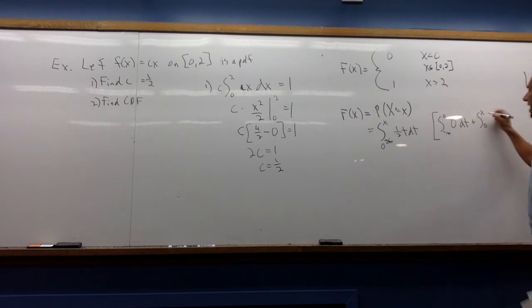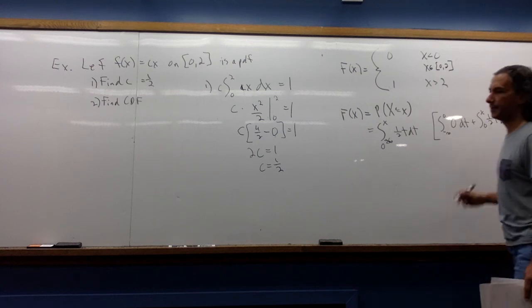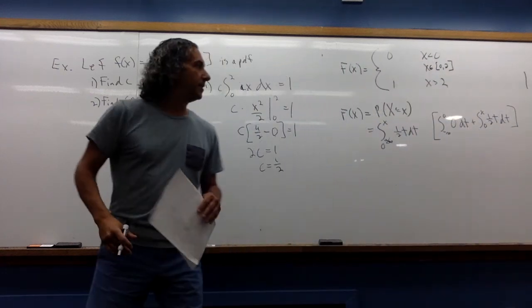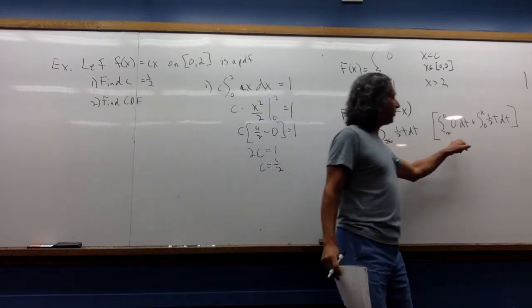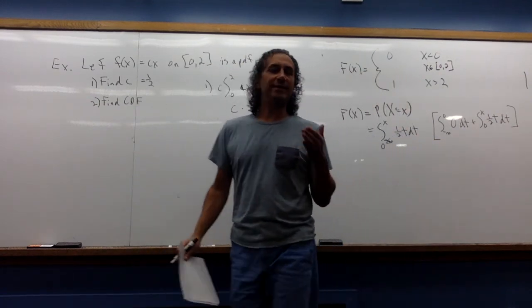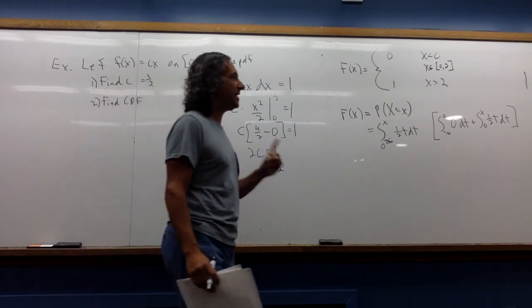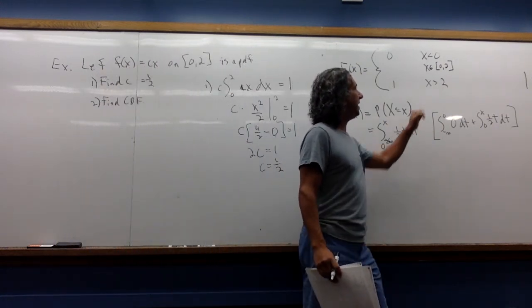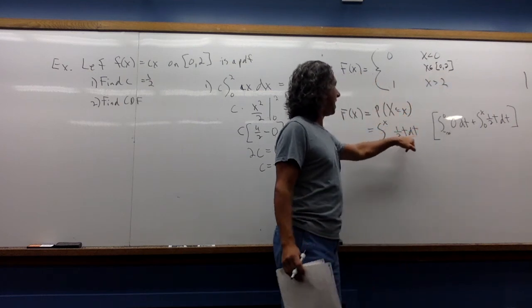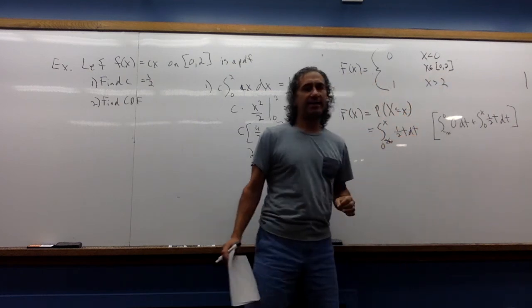Then from 0 to x, I'll integrate this guy. Right? Because this fully represents the probability of being less than or equal to x. The challenge here is that my PDF changes. It's not this guy from negative infinity to x.